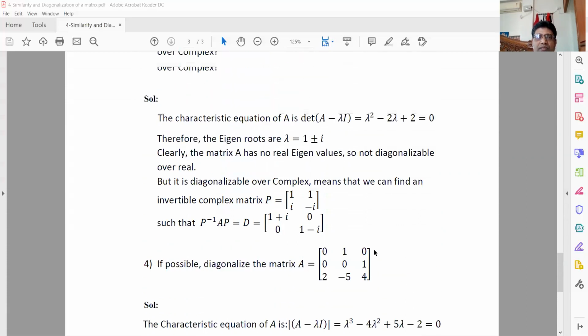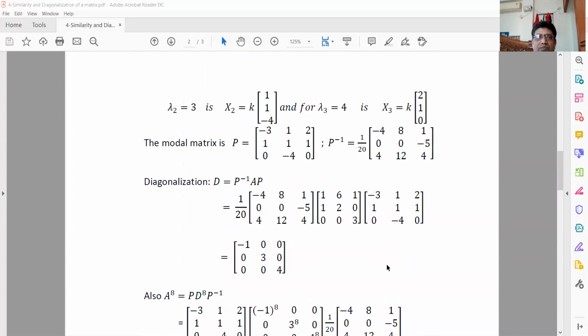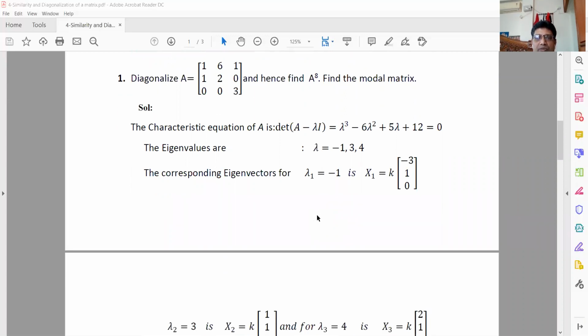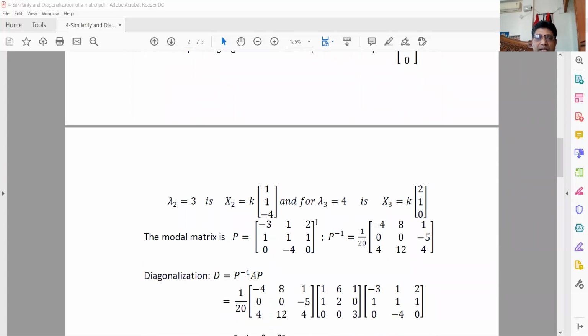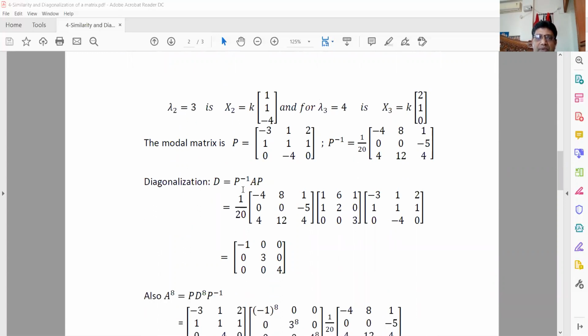So this is the procedure. These are the problems on diagonalization. The first problem we have seen is diagonalizing the matrix and finding the powers. First calculate the eigenvalues, next calculate the corresponding eigenvectors, then construct the modal matrix, next find its inverse and use the formula P inverse AP. Then you will get the diagonal matrix.